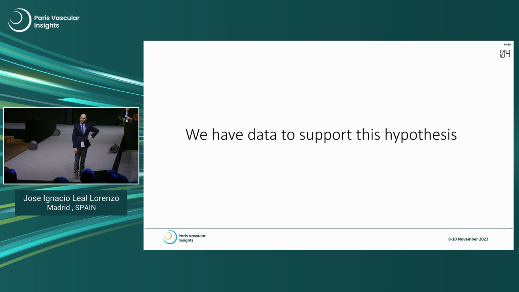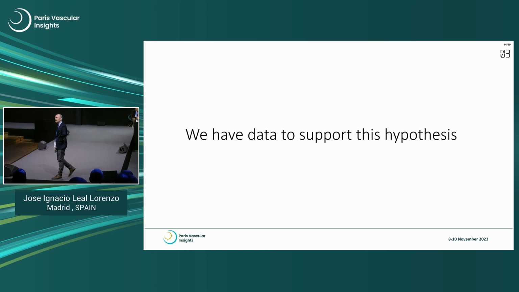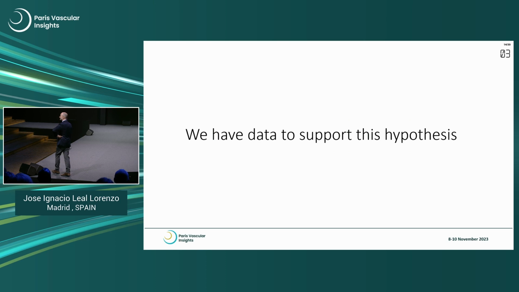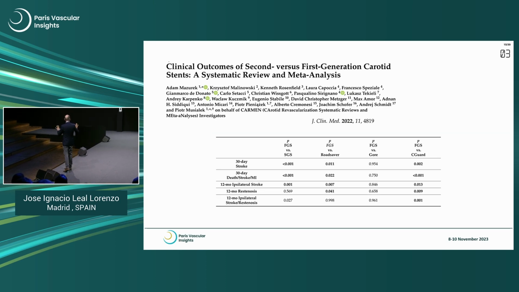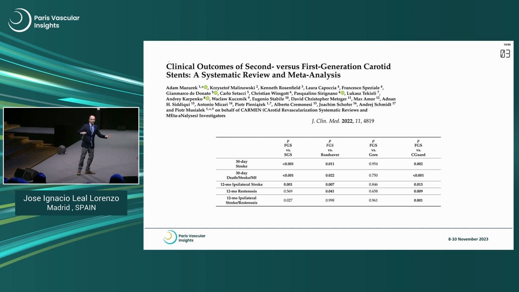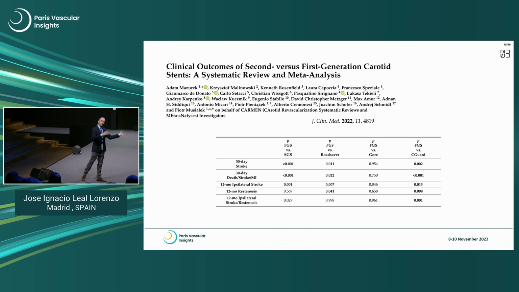So we have data to support this basic science project. I am sorry, I am showing this paper, and I have a lot of the authors in the audience. I have Laura somewhere, I have my friend Pierre Musialek here too, but this paper is great. It's great because it's a comparison between different stent designs, mainly comparing old designs with new ones. And I don't want to use the term mesh-covered stents.